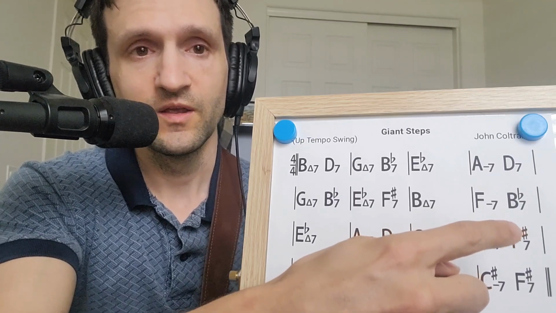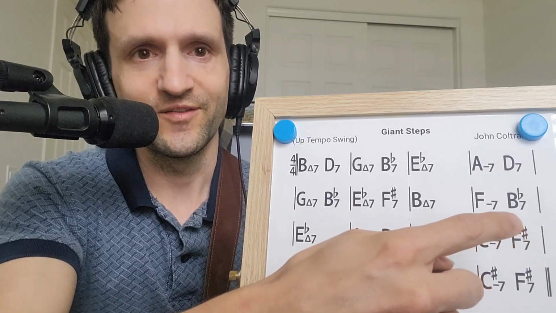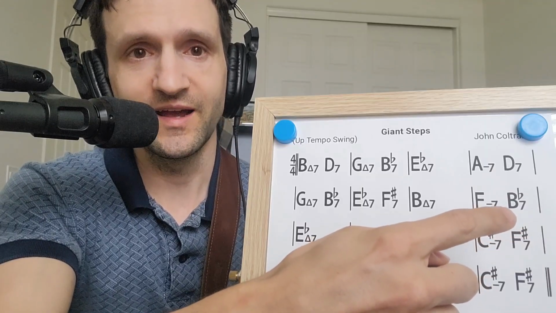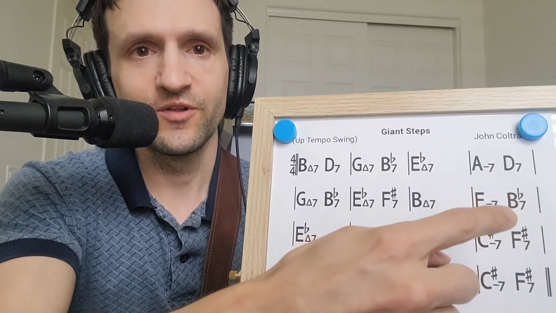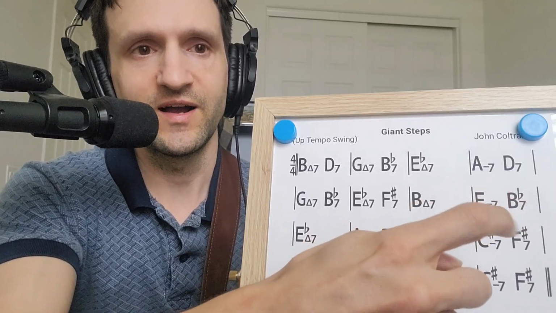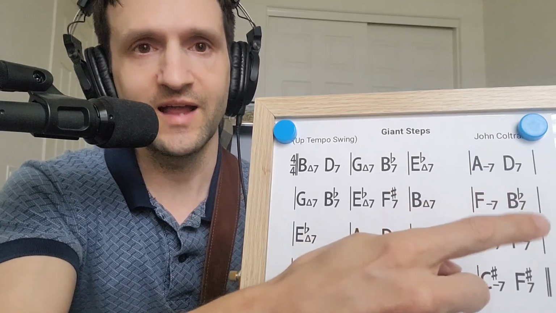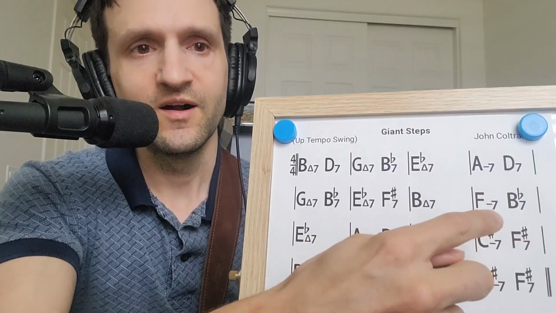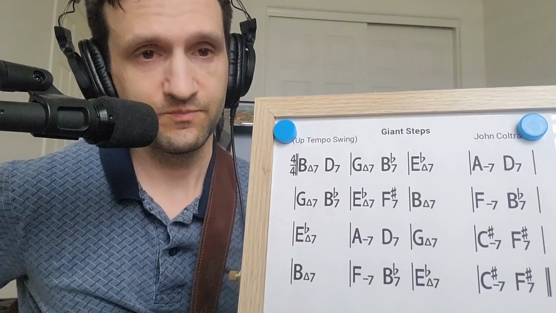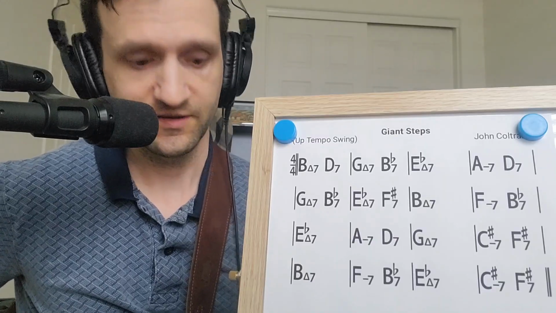You can use pretty much any extension that you want over these dominant 7 chords. A flat 9 is just one way you can really draw out this 5 chord, by putting a flat 9 on this chord, and then potentially resolving it. So what does that sound like?